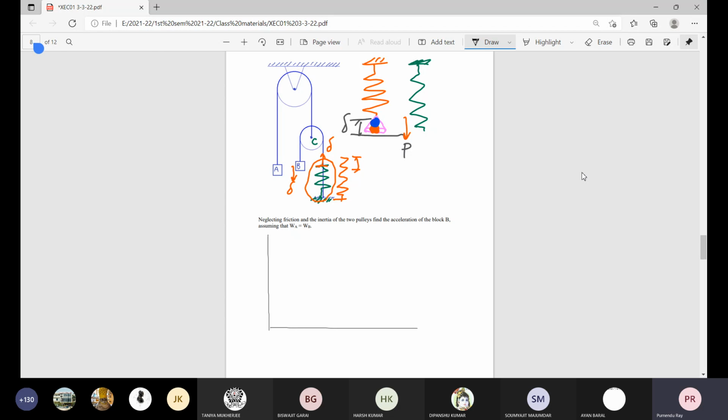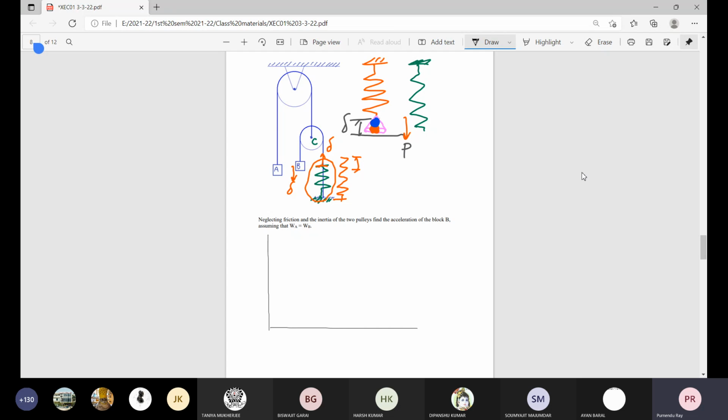So what we can do is hold this free end of the spring and pull it downward, and measure the delta applied and measure the force you require to pull it or to generate some displacement delta. So delta will be the independent variable, P the dependent variable, or in this case, P is the independent variable.